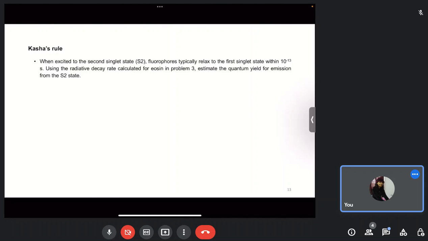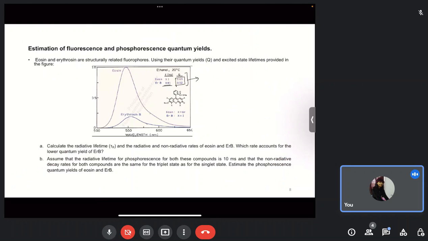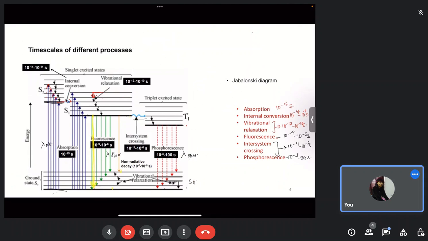Yeah, this is sort of an extended part of the previous question. It talks about the importance of Kasha's rule. When excited to the second singlet excited state, as you can see from the previous Jablonski diagram, we are talking about the excitation of the molecule from the singlet ground state to the second singlet excited state.